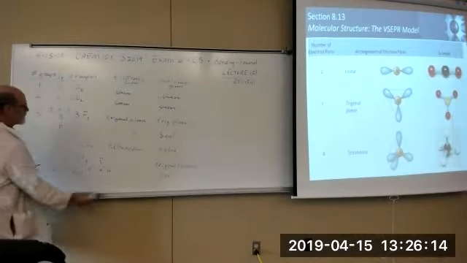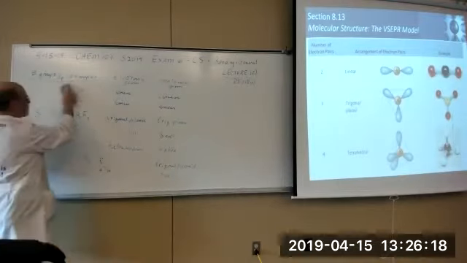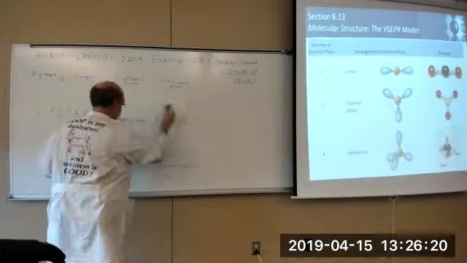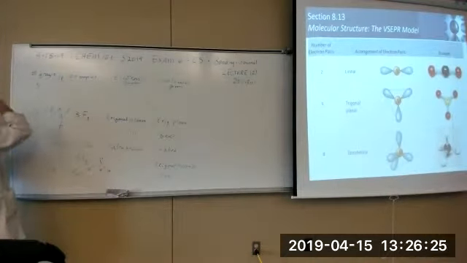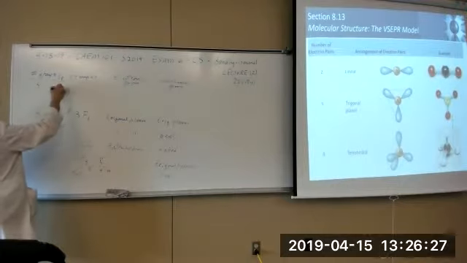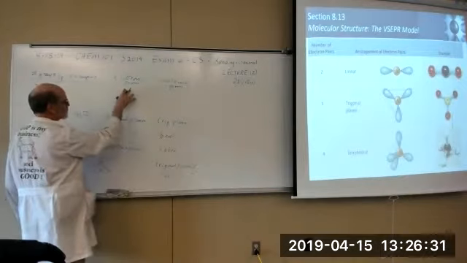So I'm going to have to erase some of these and work our way back to the top. What's next? 5 groups. If you have 5 groups and no lone pairs, what do you have? Electronic geometry.